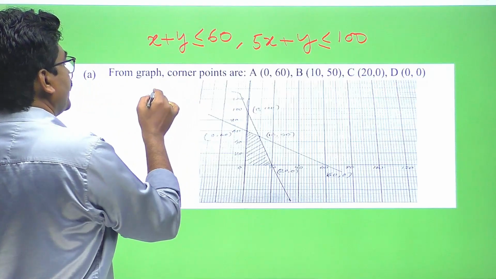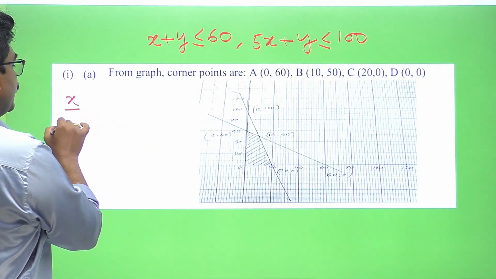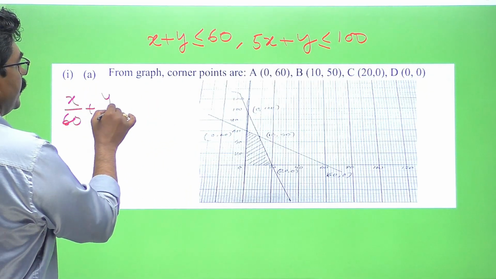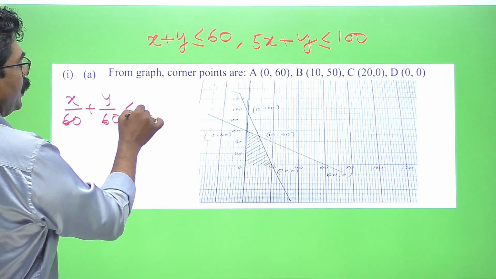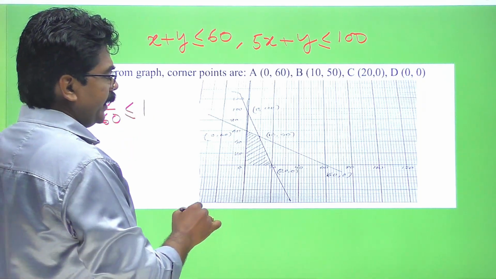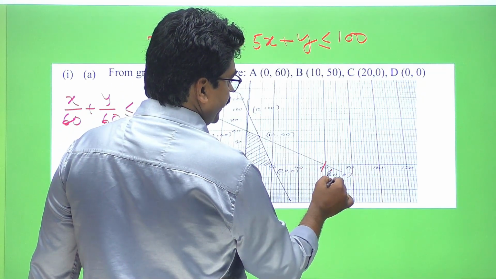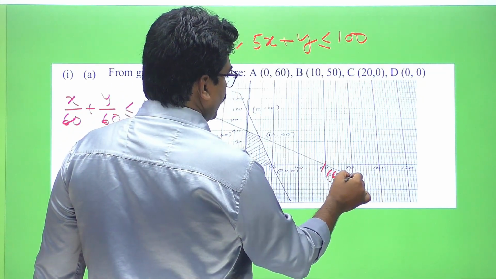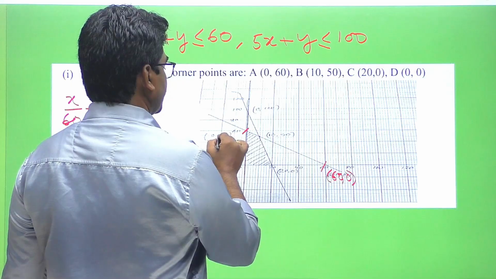If you divide throughout by 60, then it is x/60 + y/60 ≤ 1. This means the x intercept is (60, 0) and the y intercept is (0, 60).